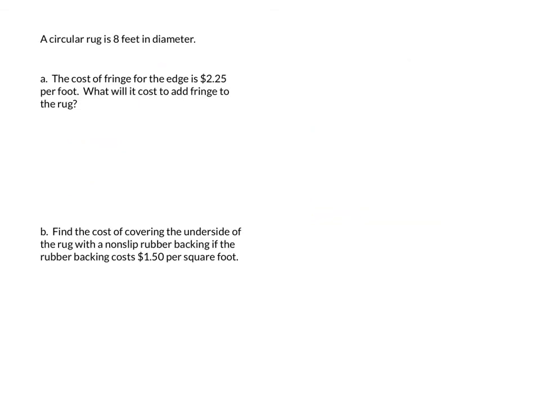Okay, so let's look at an application problem. We have a circular rug that is 8 feet in diameter. Part A, the cost of fringe for the edge is $2.25 per foot. What will the cost to add fringe be to the rug?